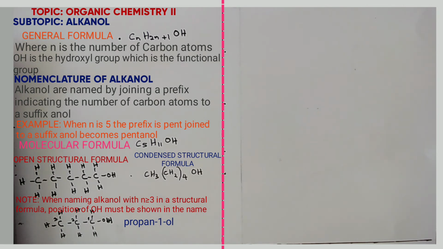Now, the next thing we look at is classification of alkanols. Alkanols are classified as primary alkanols, secondary alkanols, and tertiary alkanols.